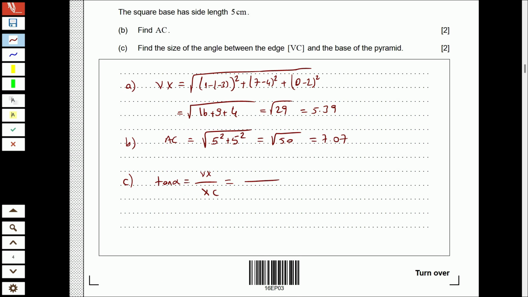We know the length of VX from the previous question, but I want to use the square root of 29 to not make a mistake, because when you write the estimate number, you can find the wrong number. But if you write the exact value of these expressions, you will not make a mistake. So it will be the square root of 50 over 2.